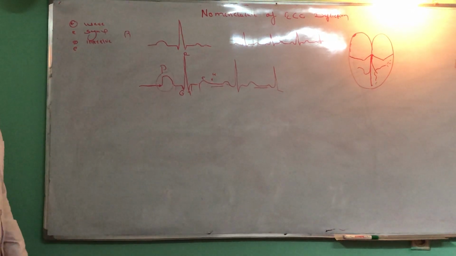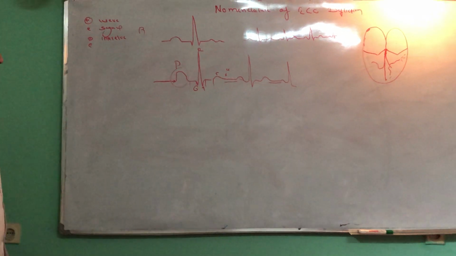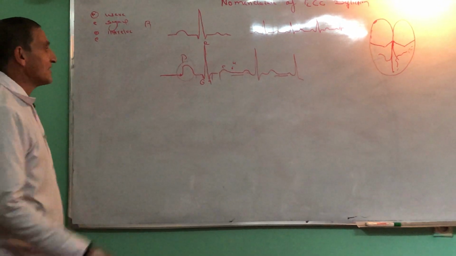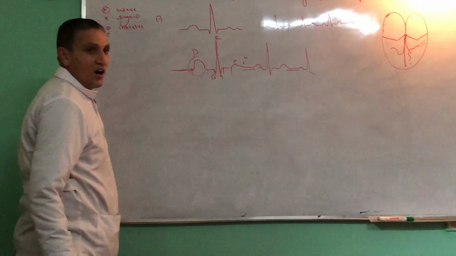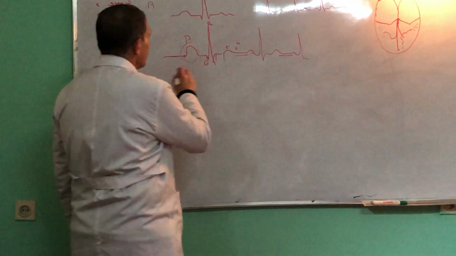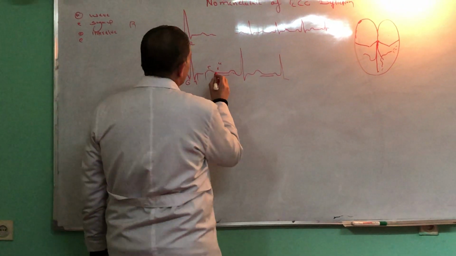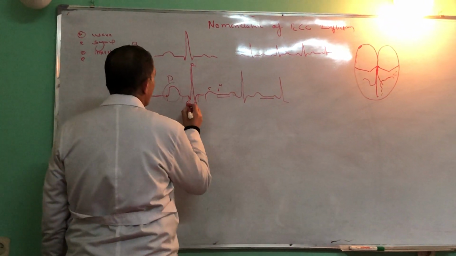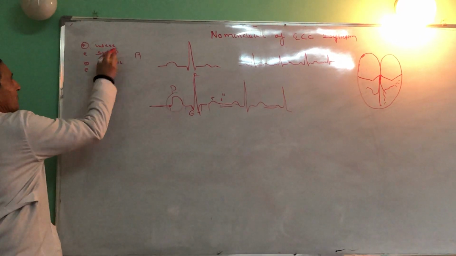So one cardiac cycle includes 6 waves, 3 segments, and 3 or even 4 intervals. One is the PR interval, from the beginning of the P wave to the onset of the R wave. From the beginning of the Q wave to the end of the T wave is called the QT interval, and another one is the QRS interval.